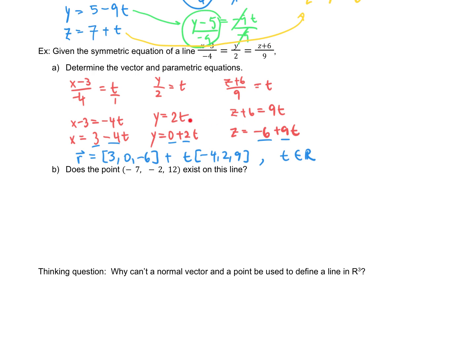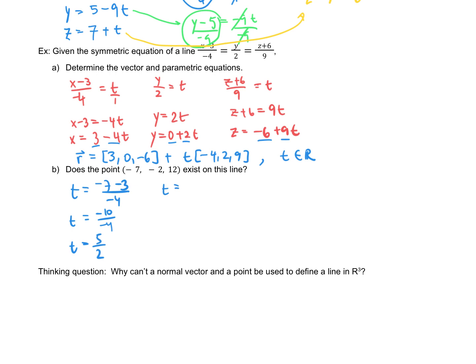So I don't have to go to the parametric equation and isolate for t, because I already have t isolated here. So I'm actually going to use my symmetric equation. t equals the x value minus 3 over negative 4. Well, that's going to be negative 10 over negative 4, which is 5 over 2.